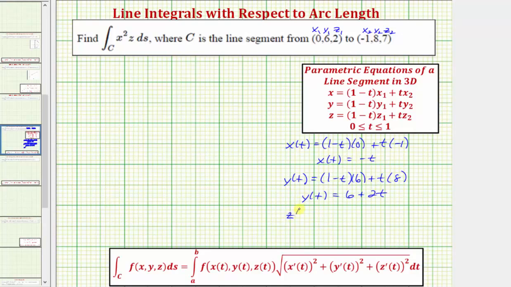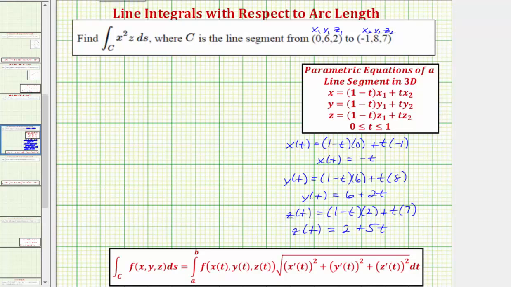And finally, for z of t, we would have the quantity 1 minus t times z sub 1, which is 2, plus t times z sub 2, which is 7. So we have z of t equals 2, and then -2t plus 7t, that's plus 5t.